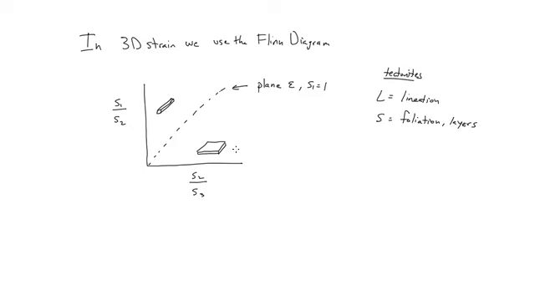So here, the planar feature is dominant over the linear. And here the linear is dominant over the planar. And if we're in plane strain, they're fairly equal. We call them LS tectonites, and they're quite common.